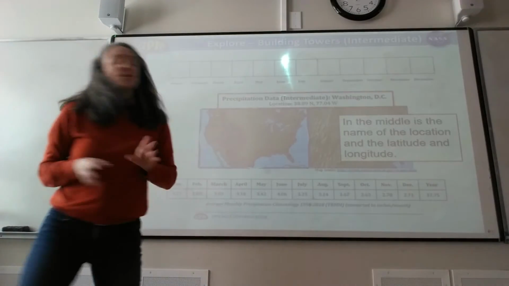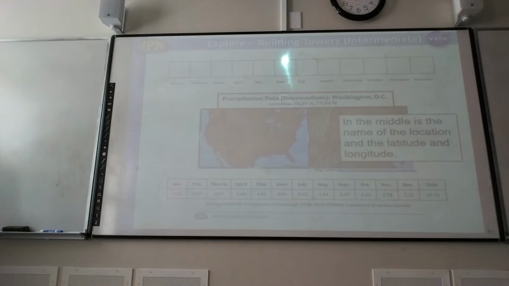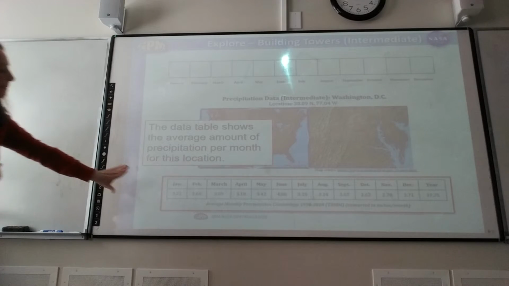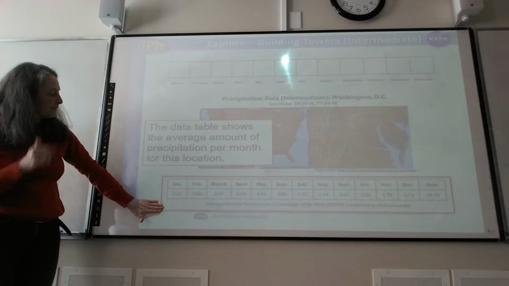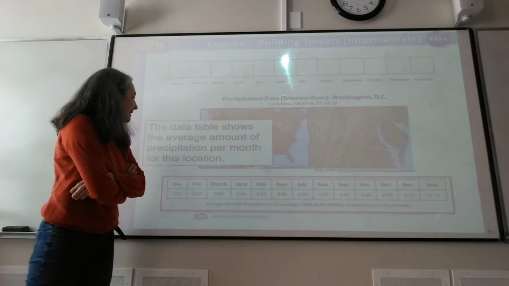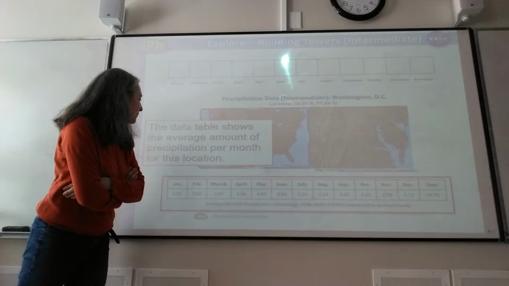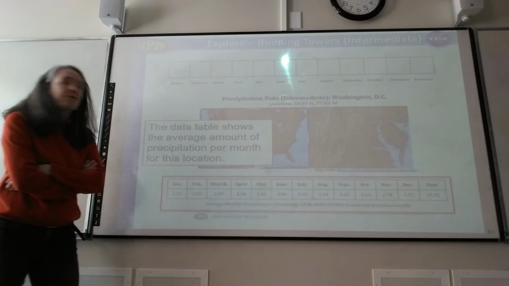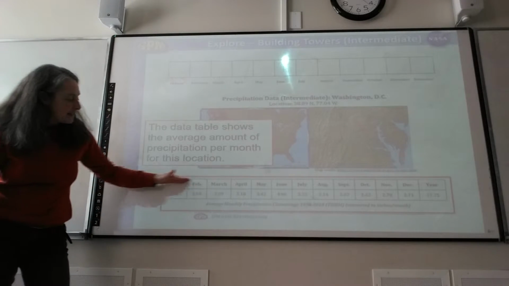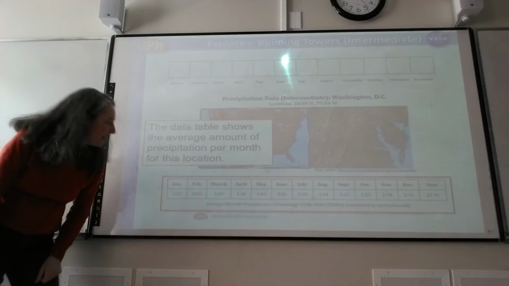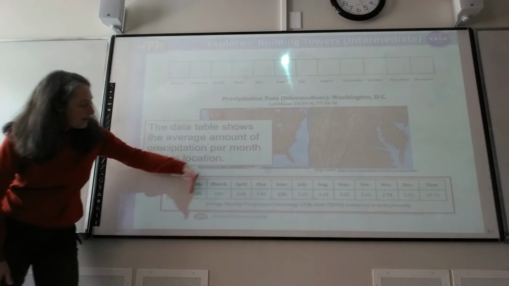Right, okay. So next, I want to draw your attention to the table at the bottom. So we're looking at the table on the bottom of your sheet. The data table shows the average amount of precipitation per month for this location. So you can see the table is organized with a series of 2 rows and 12 columns.